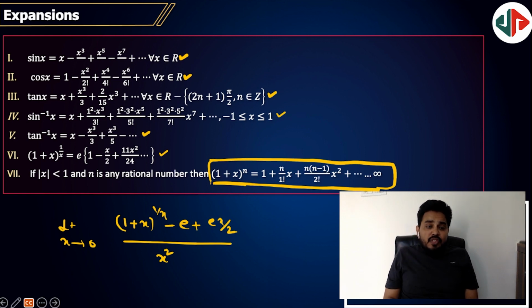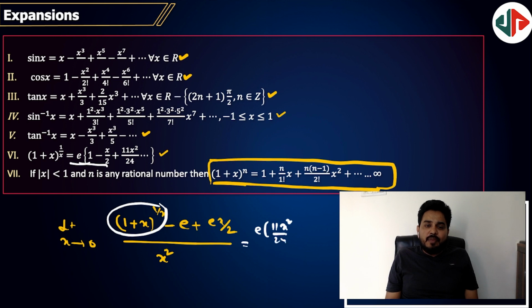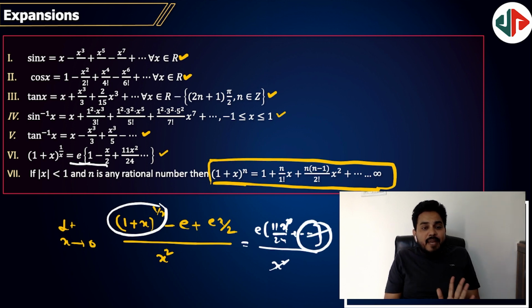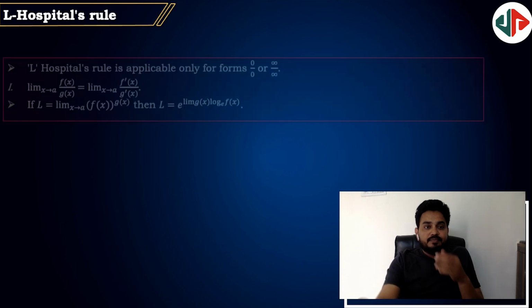If you know this expansion, from here you can write this value, minus e plus ex by 2. So this is e into 11x square by 24, plus everywhere x square will be there. x square cancel, and the rest of the value goes to 0. So e into 11 by 24 will come. So expansions are very important.